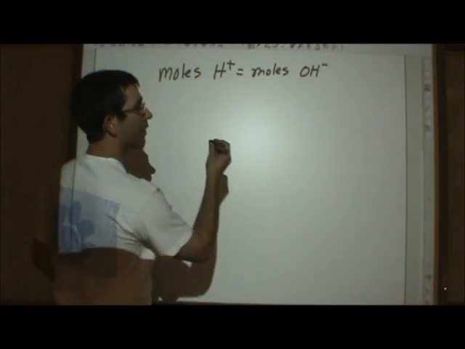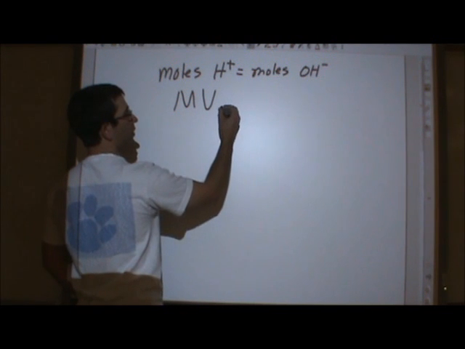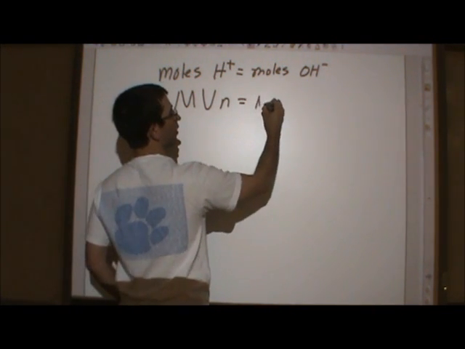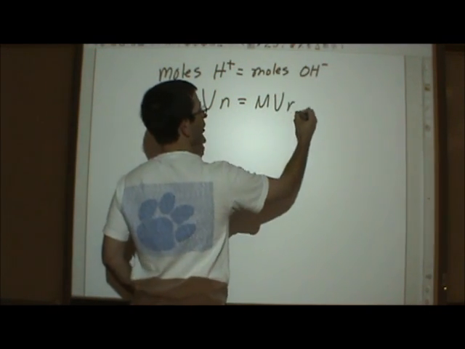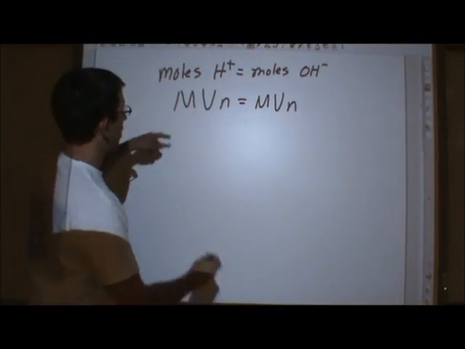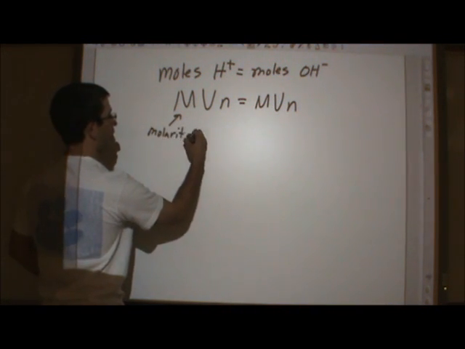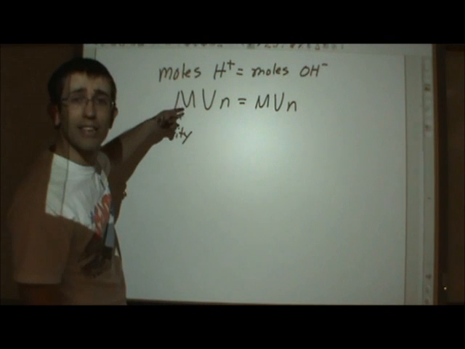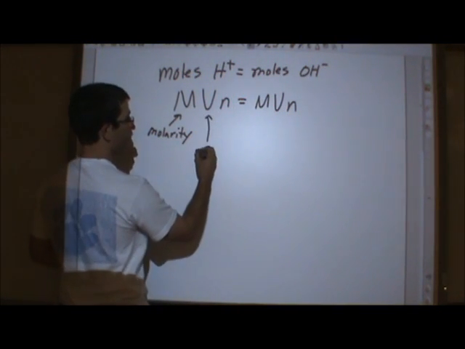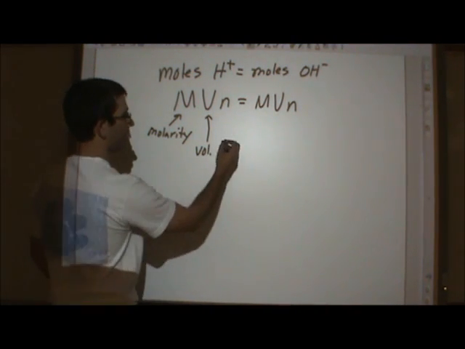So our equation works like this. You have molarity, volume, times N equals molarity and volume times N. What do these mean? Well, we just said this is molarity. We've calculated that for. This is going to be for our acid. So the molarity of our acid. This is going to be the volume of our acid.